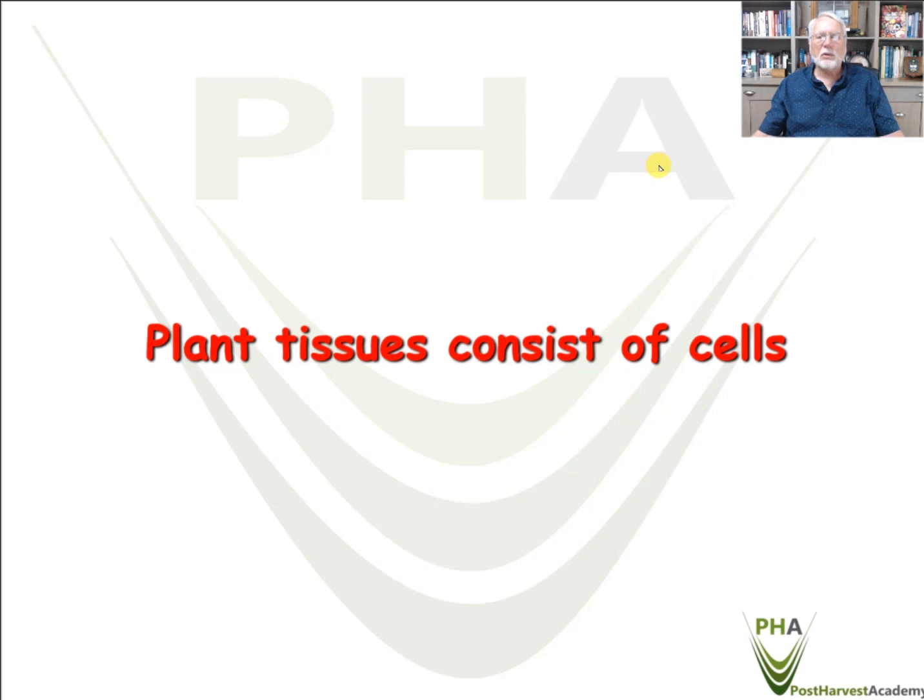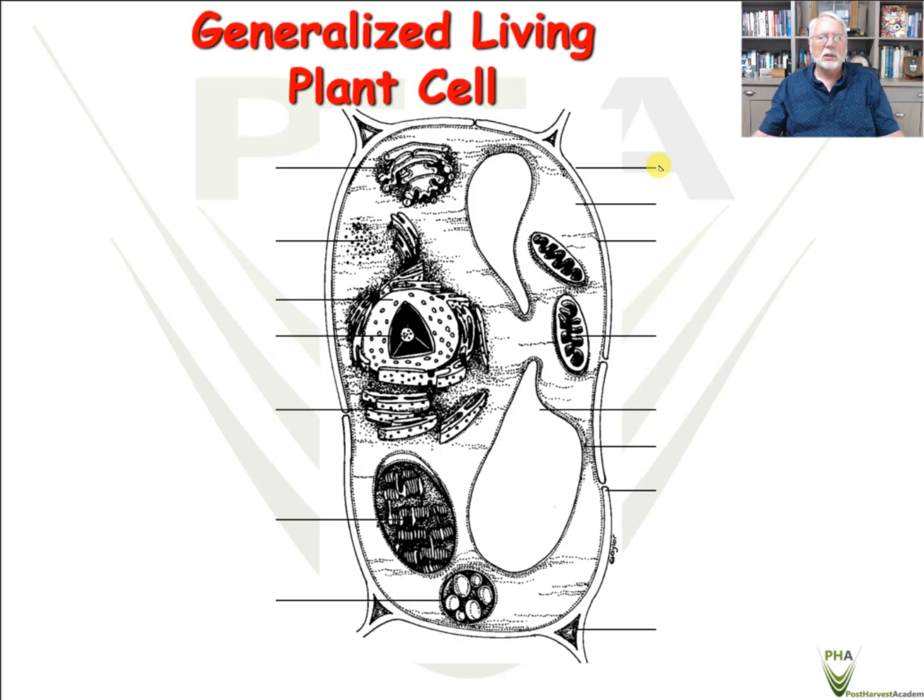One thing that all of these tissues have in common is that they all consist of cells. This is a generalized plant cell, and we can see that the cell is surrounded by a cell wall. Inside the cell wall, we find the cytosol that is surrounded by a thin membrane known as the plasmalemma, or the cell membrane, that controls the movement of substances in and out of the cell.